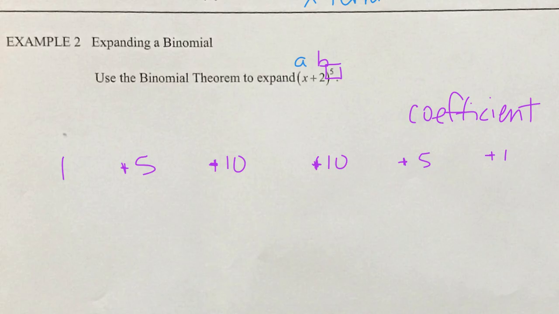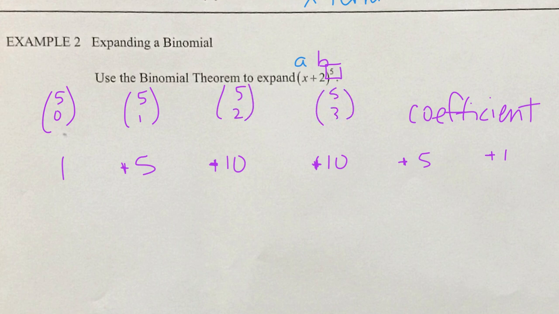This is 5, choose 0. There's only one way to choose 0 things out of 5, and that's to choose nothing. This is 5, choose 1. This is 5, choose 2. This is 5, choose 3. And then 5, choose 4. And 5, choose 5.